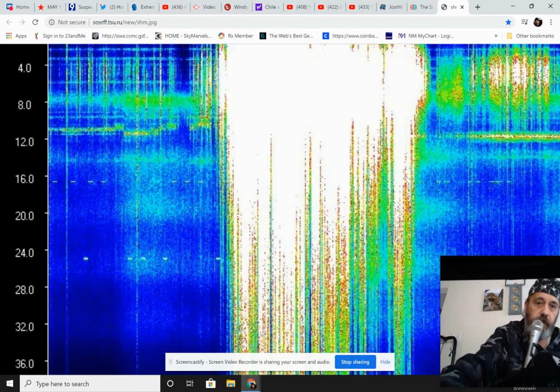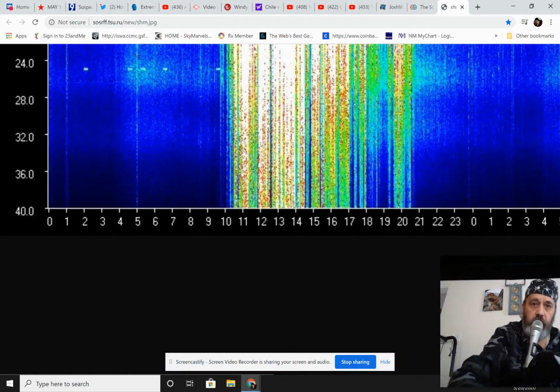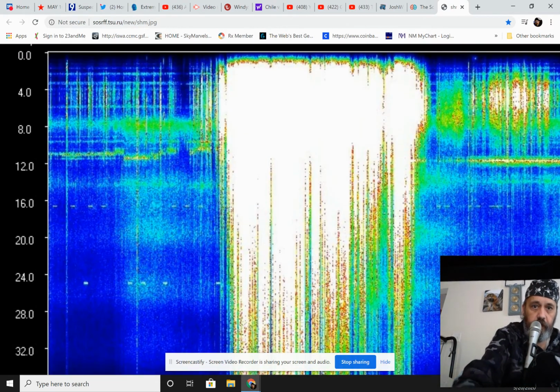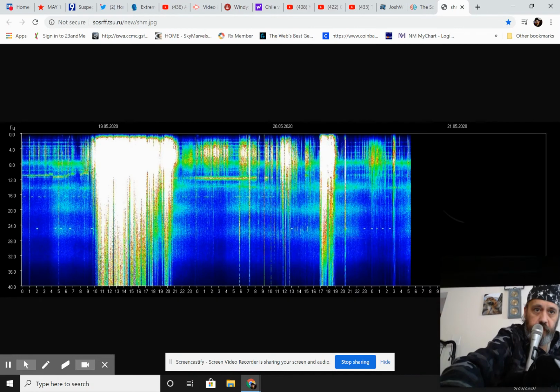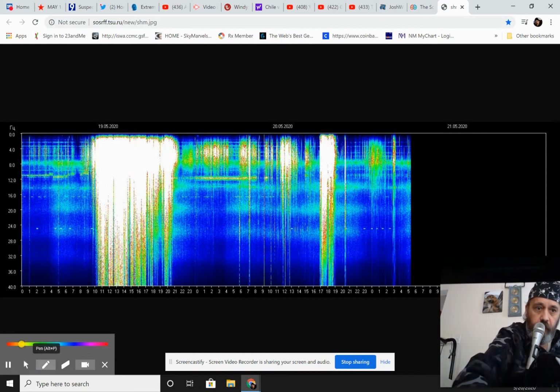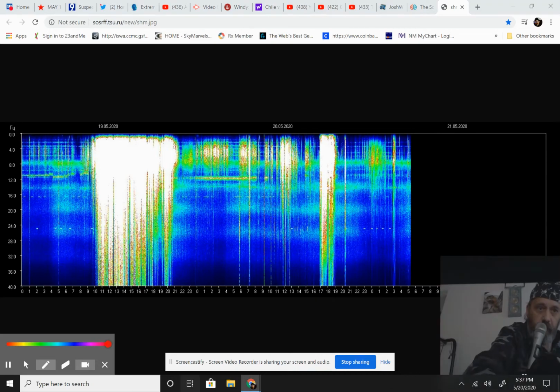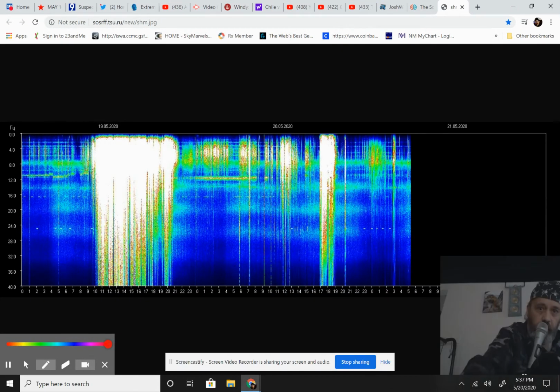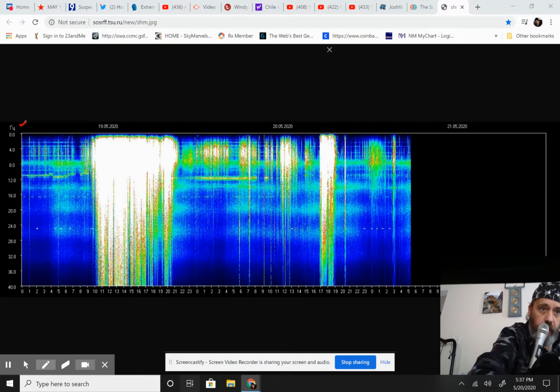And you can see that zapping right here goes all the way from, if you look here on the left, let me get my pen. Hang on one second. Let's go to red. You got 0 hertz. So we have 0 to about 8.